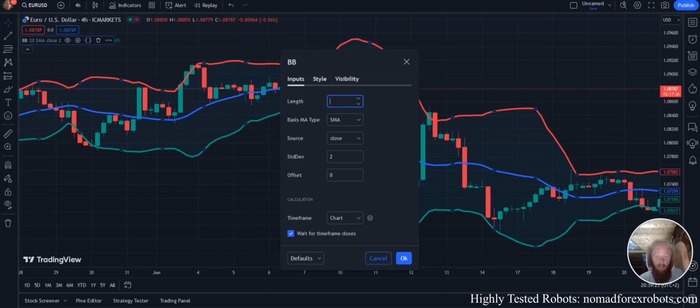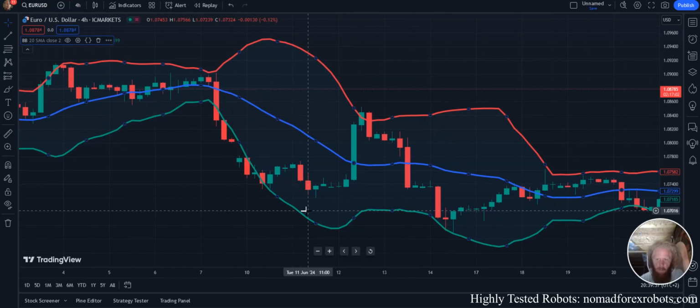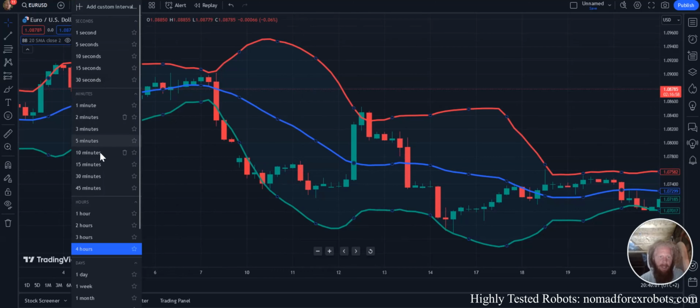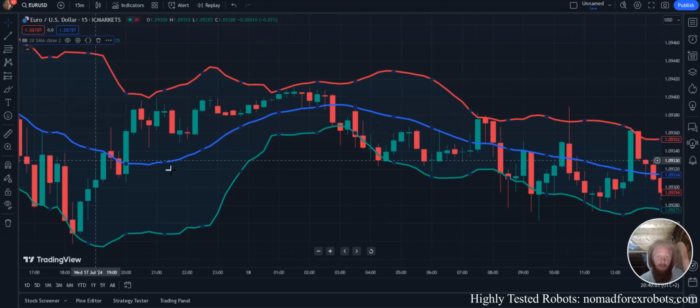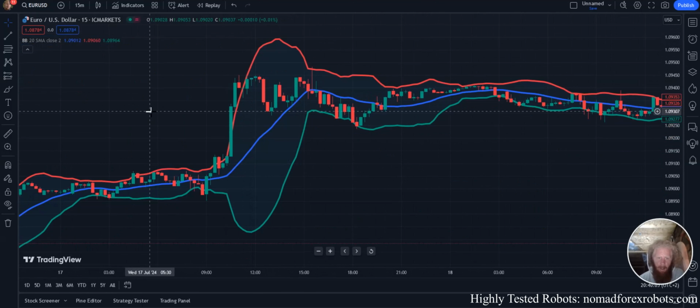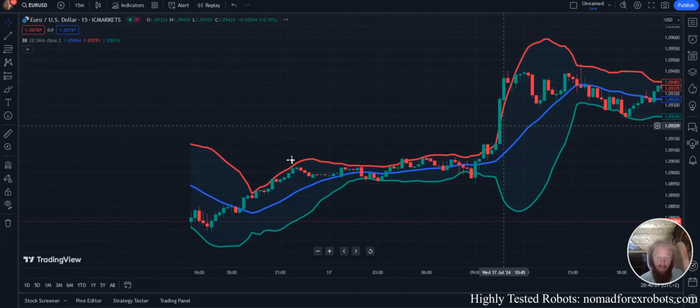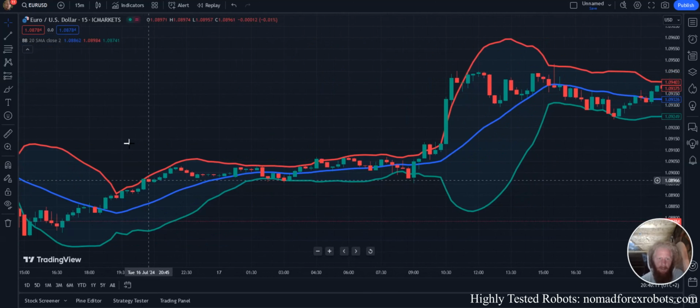Don't use the default length, which is 20 period, because the 20 period length is just too small. You have too many false signals, as you can see here. Just one more thing before we go to the next step: if you look at the 15-minute chart, take a look at how many unnecessary trades you are going to have.